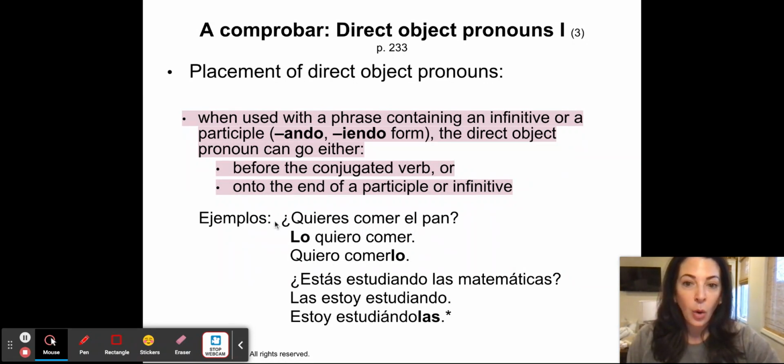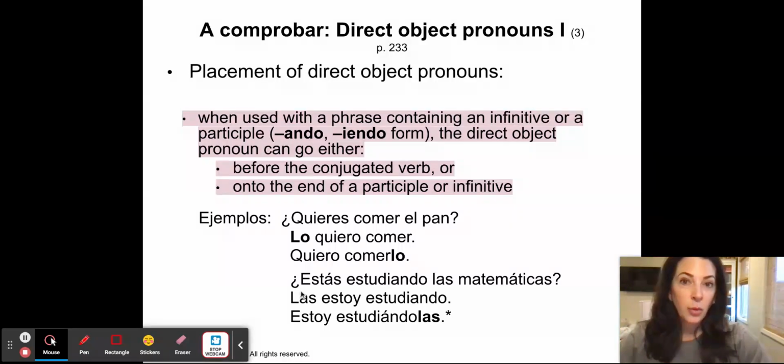So this whole quieres and comer make up the verb phrase. Okay? What do you want to eat? El pan. So we're going to replace el pan with the corresponding pronoun lo. See? And we can put it in front of the conjugated verb, lo quiero comer, or attached to the infinitive.